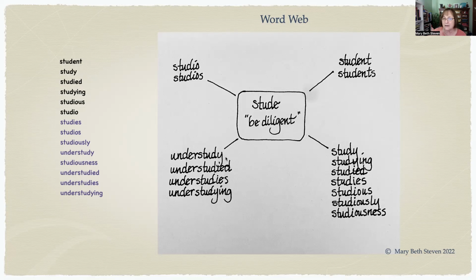I get to clear that up. Or studio. What do you do in a studio? And why might a studio have something to do with being diligent? So again, we're bringing all of the words we collected, all of these words that share the space, back to the denotation of that base and making sure we understand the connection.